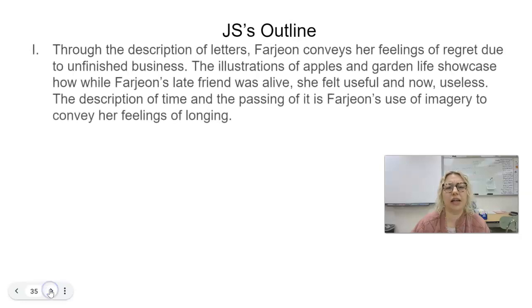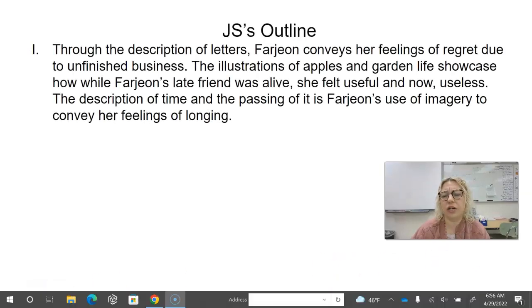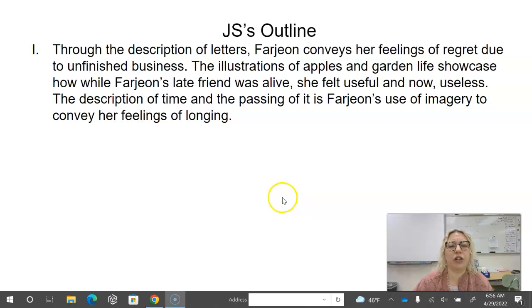All right, let's take a look at JS's outline. Here is her central assertion, which we've already looked at before. She talks about regret due to unfinished business as a larger interpretive meaning. She talks about how she feels useless now as a larger interpretive meaning.